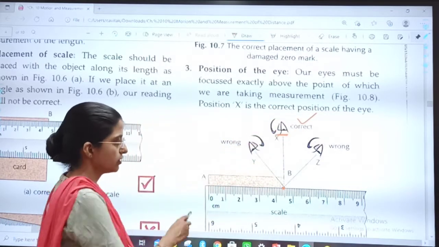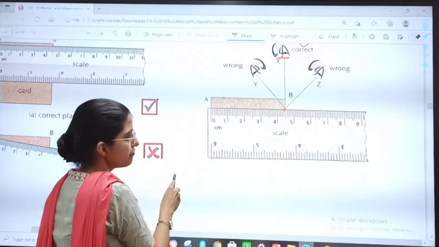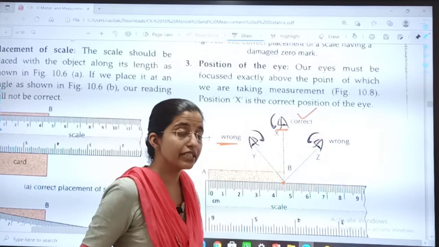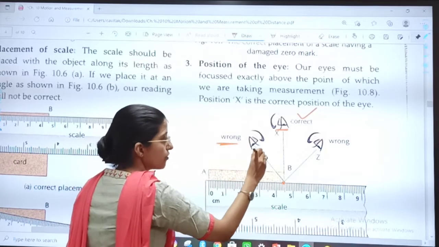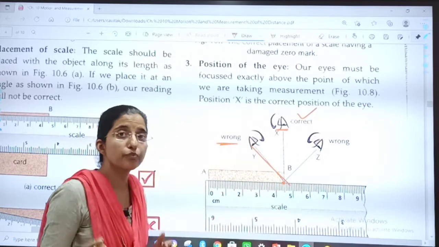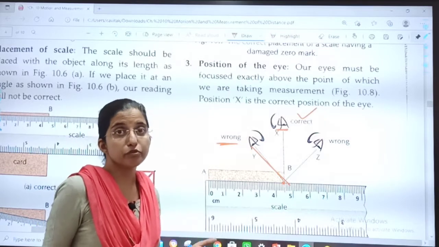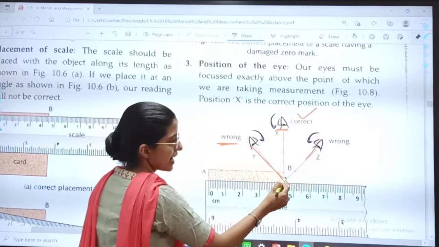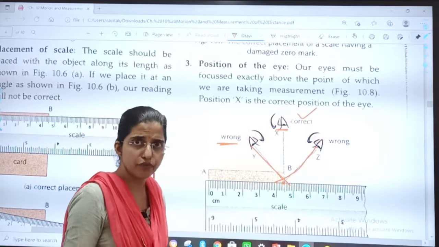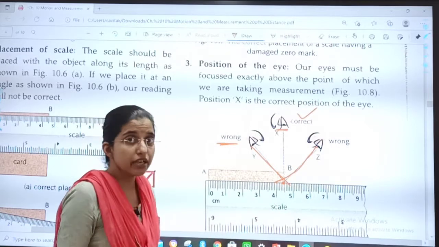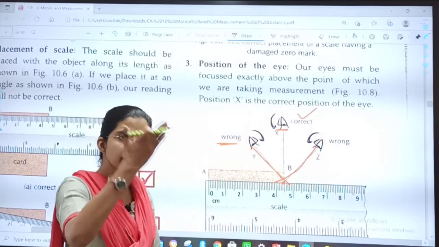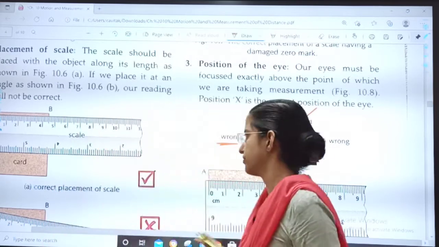See, if we keep our eyes like this in slanting, then we will get the wrong reading like this. We will not get 4.5. We can get 4.7. So this is a wrong reading. If we place our eye like this, then we will get 4.4, 4.3. Again we will get a wrong reading. So our eyes should be just above our point.